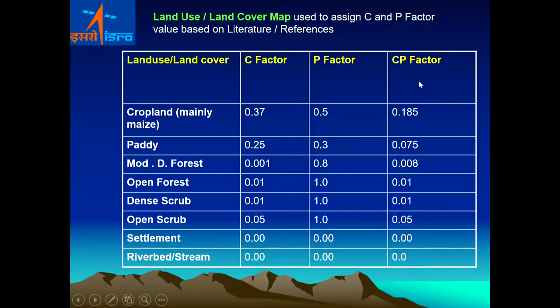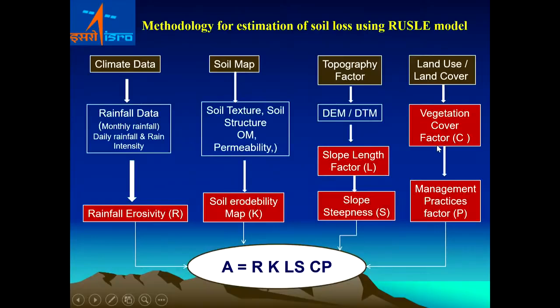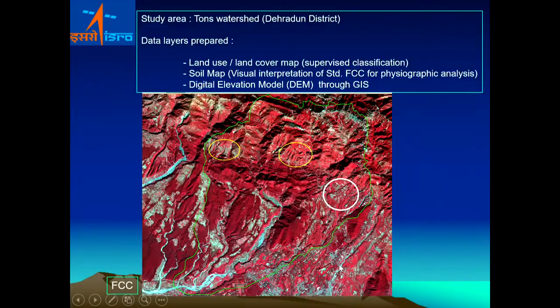So from C and P factors, you get the CP factor. Here you can see climate data, soil map, topographic data from DEM, and the land use land cover map you can get from remote sensing data. So the C factor and P factor you can define and integrate, and you get the soil erosion map.